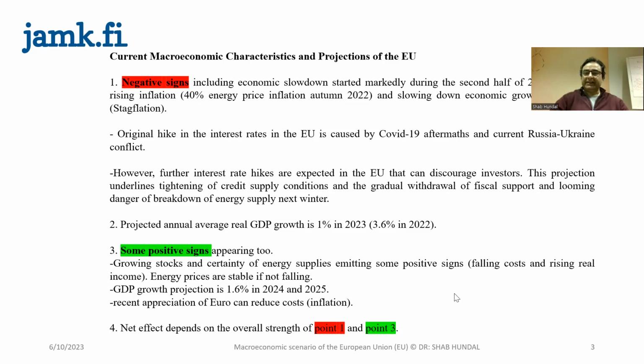We can't say anything yet, but I would say that even if the net remains negative, but the negative is lesser than the previous year, 22, I would say that in 23, the EU has achieved remarkable success. But we are only almost touching the first half of 23. It depends upon what happens in the next half of this year.